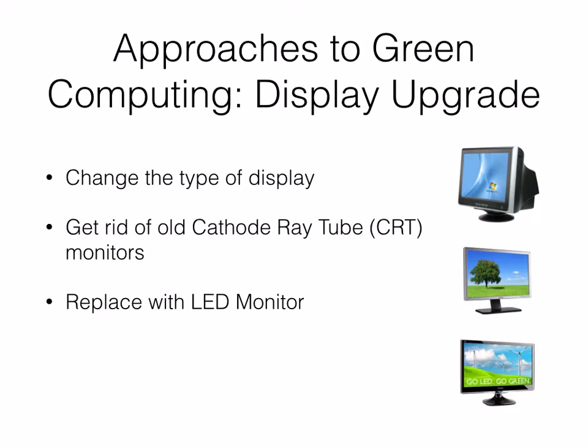Light emitting diodes is what LED stands for. And you want to use an LED monitor because even some of those older LCD flat screens still use a cold cathode tube for their display. So they still consume a lot of power. So LED is the way to go. And over time there'll be something that's better than LEDs, but right now that's the way to go.